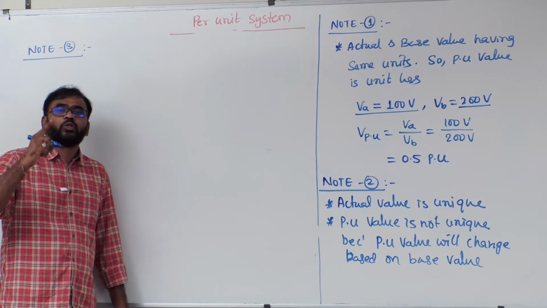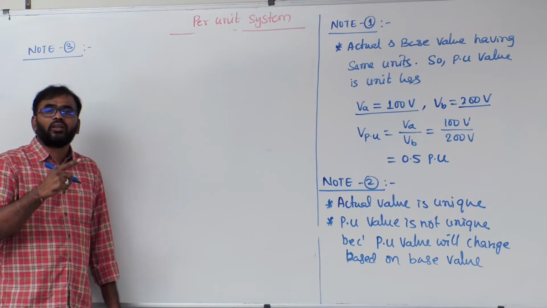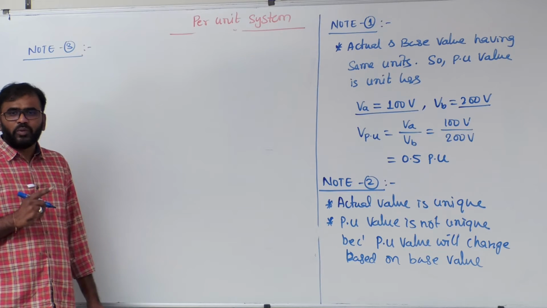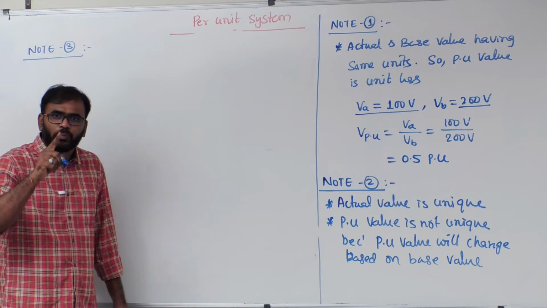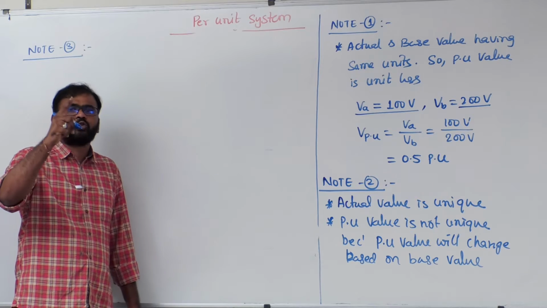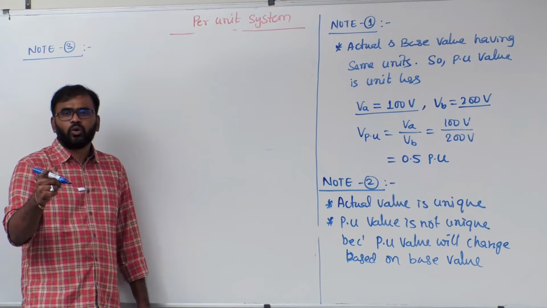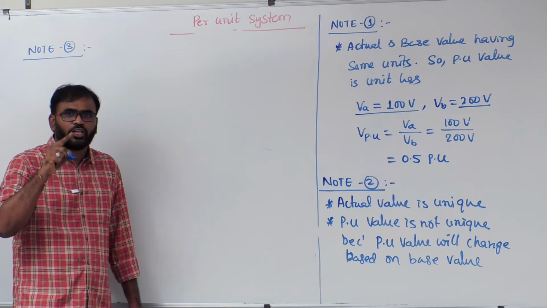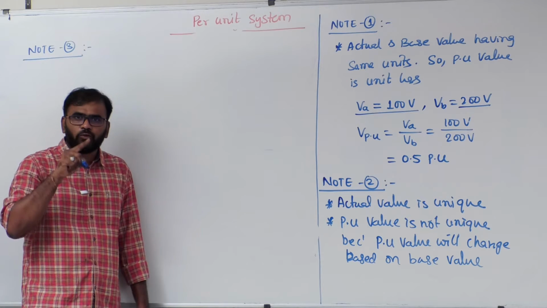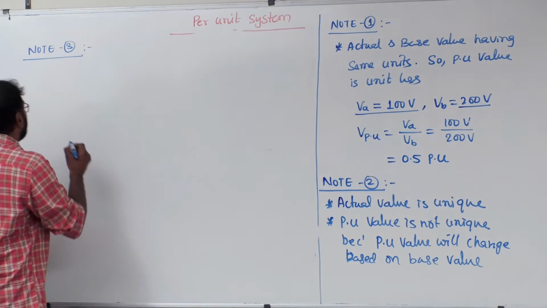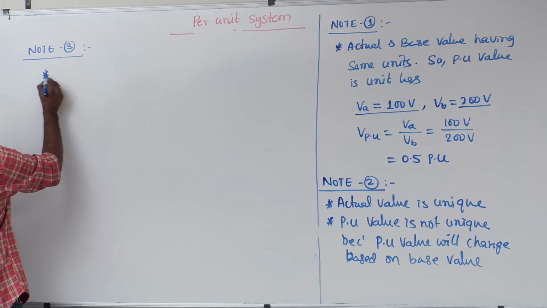Sir, the base value is selected based on the rating of the machine. That means the rating of the machine is considered as the default base if the base value is not given. Let me write first, later we will see an example.